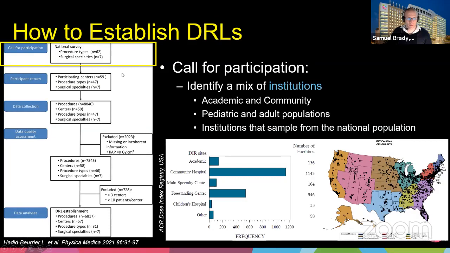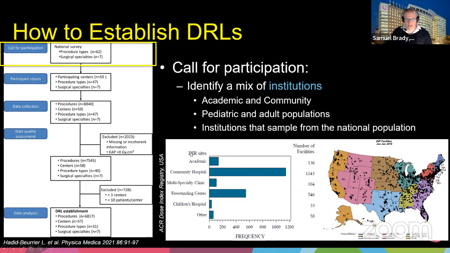We're going to start off with the first step, which is the call for participation. The idea is that at a national level, we need a national organization that will organize and take charge of and ownership of the DRL process. Once they do that, they need to go out to the nation and identify institutions that can participate in the establishment of a DRL. This is an example from the US.